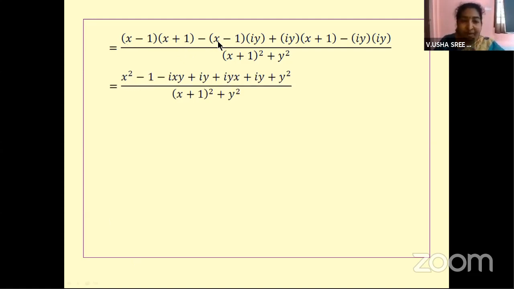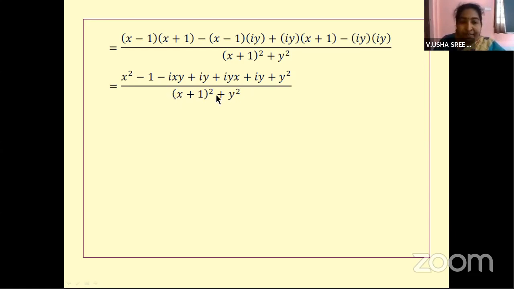And this one, when you expand, x into iy is ixy with a minus sign, so minus ixy. Minus into minus is plus, 1 into iy is iy. Then iy into x is iyx, plus into plus is plus, iy into 1 is iy. Then i square is minus 1. Minus 1 into this minus gives you plus y square, divided by (x plus 1) whole square plus y square.